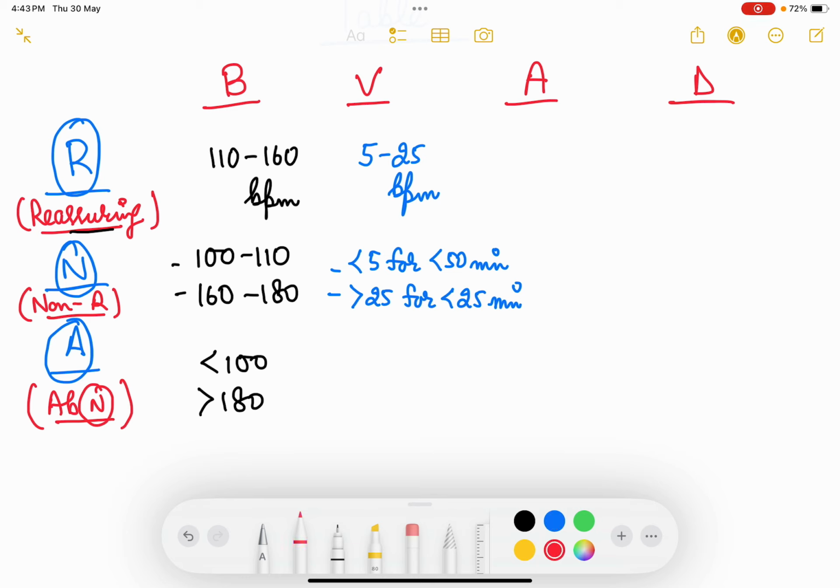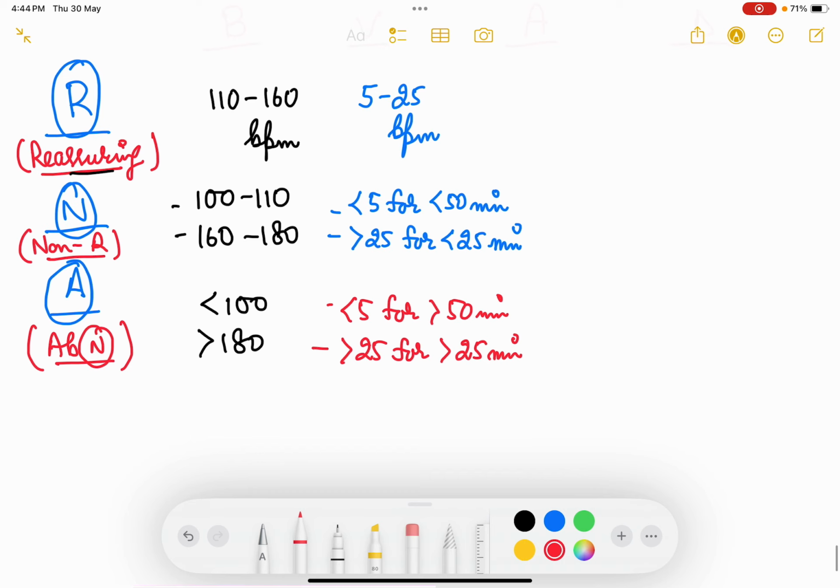At the same time, when it is less than 5 for more than 50 minutes, it is abnormal. Whereas more than 25 for more than 25 minutes, then it is abnormal.